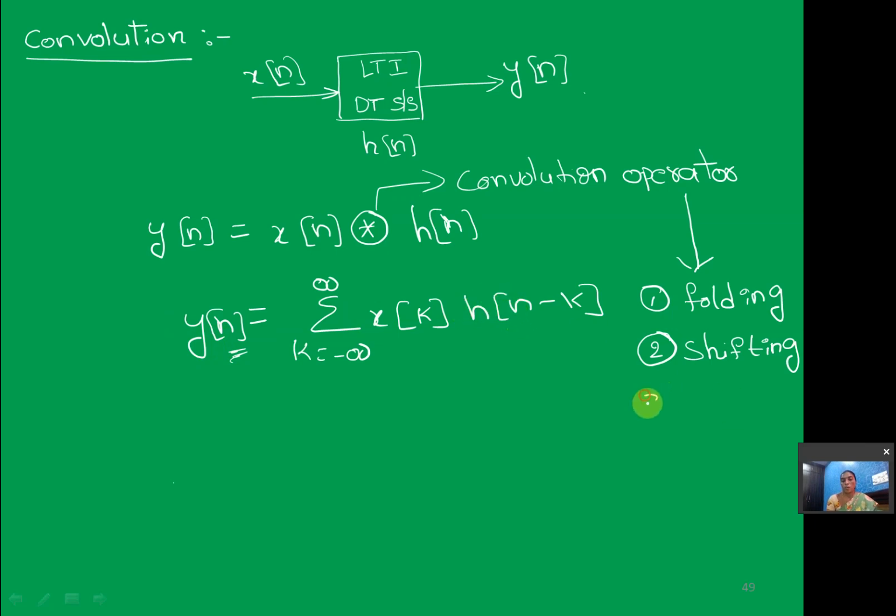So the shifting operation is required. After getting the shifted sequences, like h of 1 minus k, h of 0 minus k, h of minus 1 minus k, and so on, we multiply this shifted sequence with the input sequence. So we use the multiplication operation.